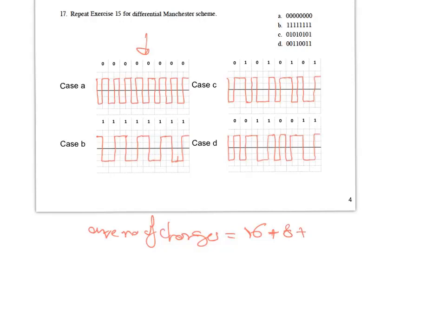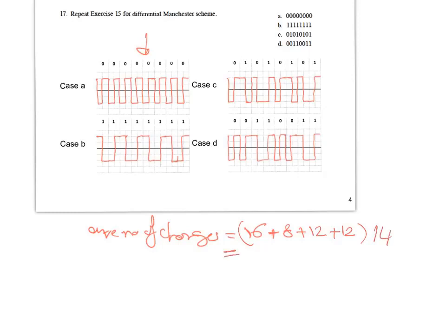Plus for case C, we have 1, 2, 3, 4, 5, 6, 7, 8, 9, 10, 11, 12. Okay, so we have 12. And for case D, we also have 12, which makes, for these 4 cases, so we divide by 4.